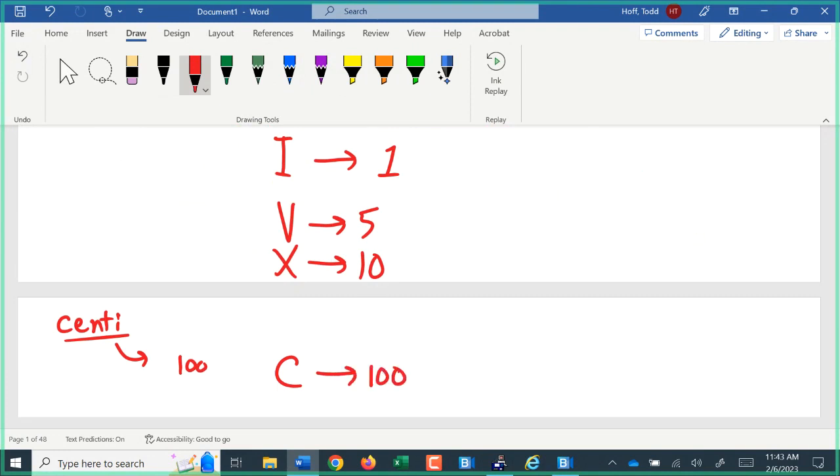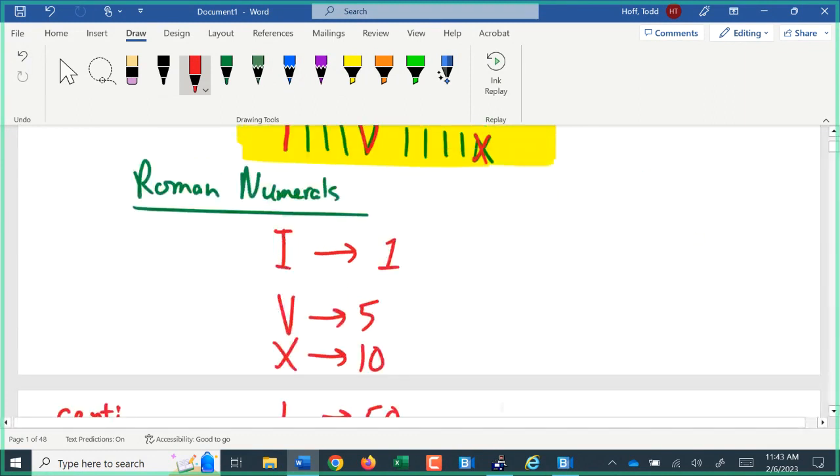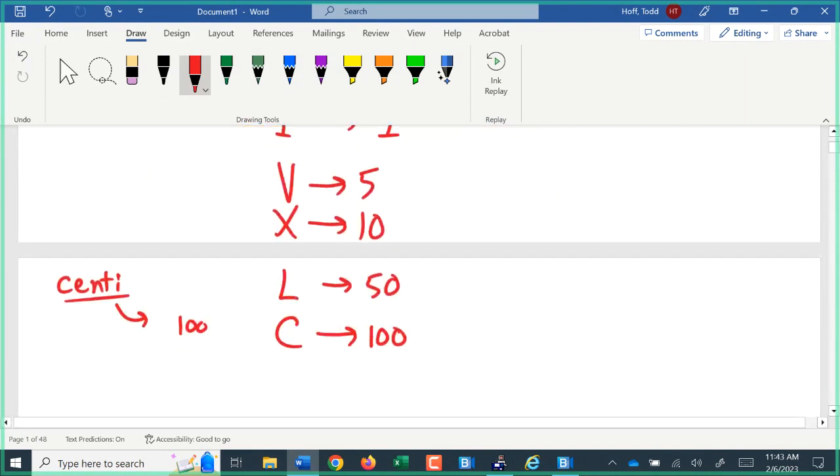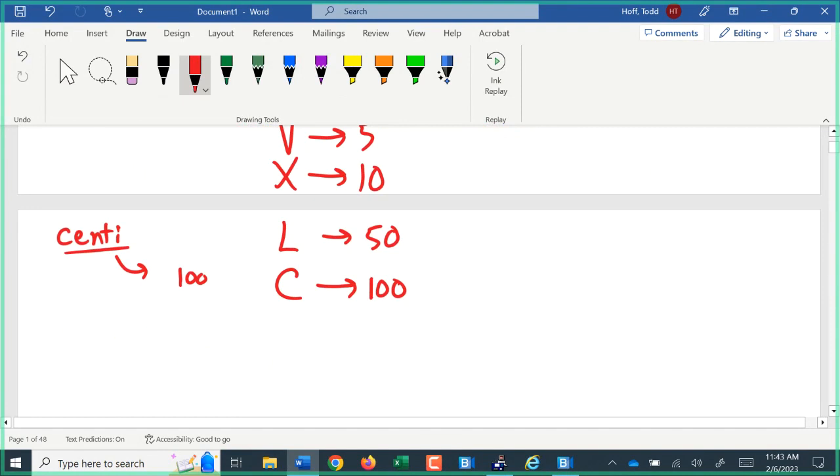Now, in order to get from 10 to 100, there's a big gap there, so they defined another digit for 50, which was the L. And I've never been able to find a good explanation of where the L came from. One of them was that as the tally system grew, when you hit 50, the tally for 50 was an L. I haven't been able to confirm that with other sources, though. But the C definitely came from centi.